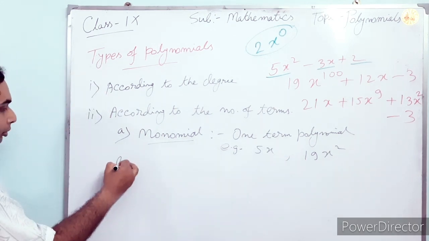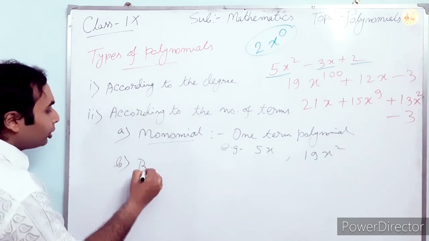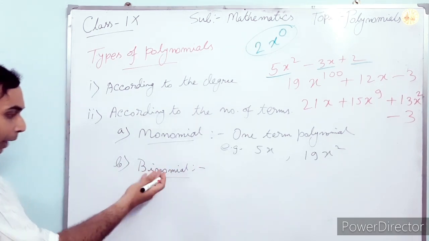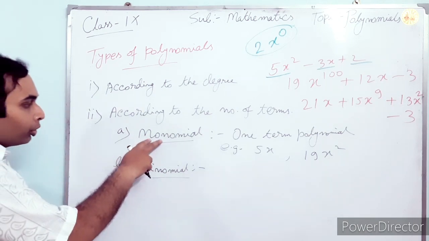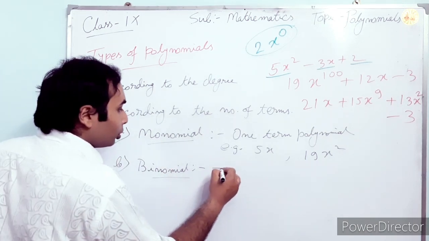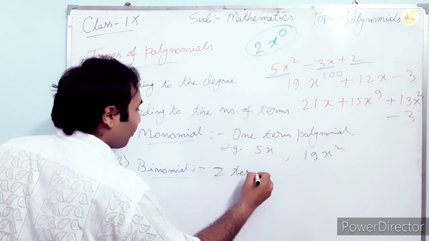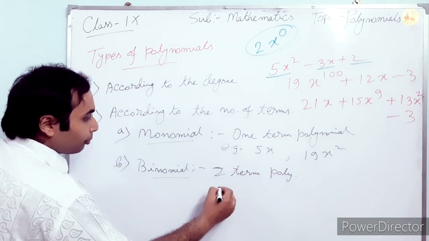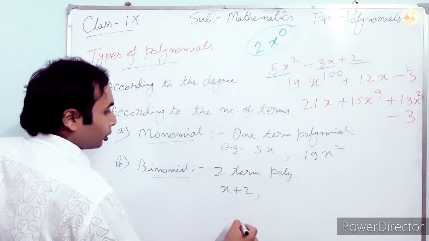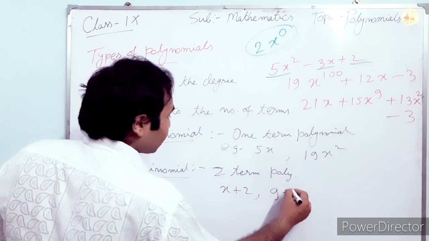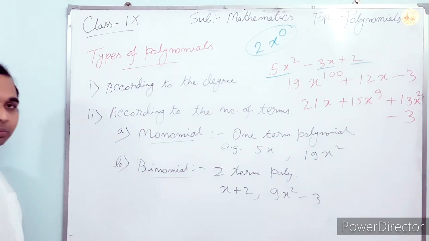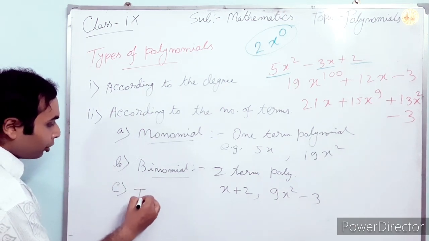Now number B, binomial. Bi means you know two terms, mono means one, bi means two, so two term polynomial, as for example x plus 2, as for example 9x square minus 3. Those are the binomials.